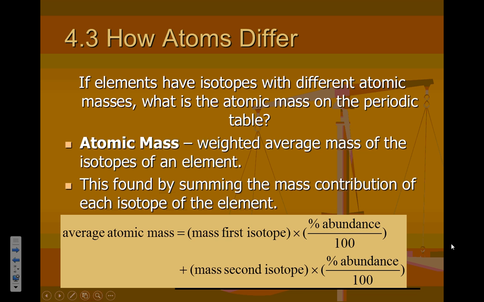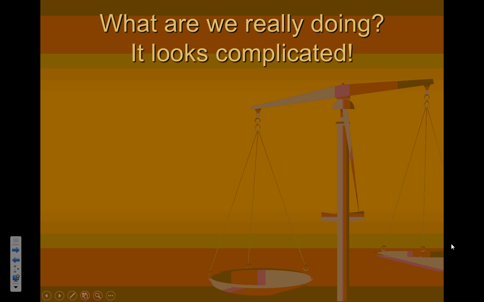So we have to get rid of that artificial multiplying by 100. So we take our percent and convert it back to a decimal. And then we multiply that times the mass. So we're literally taking that percent of the mass. And that's really what the mass contribution is. The mass contribution is that component right there: the mass of the isotope times its percent abundance back as a decimal.